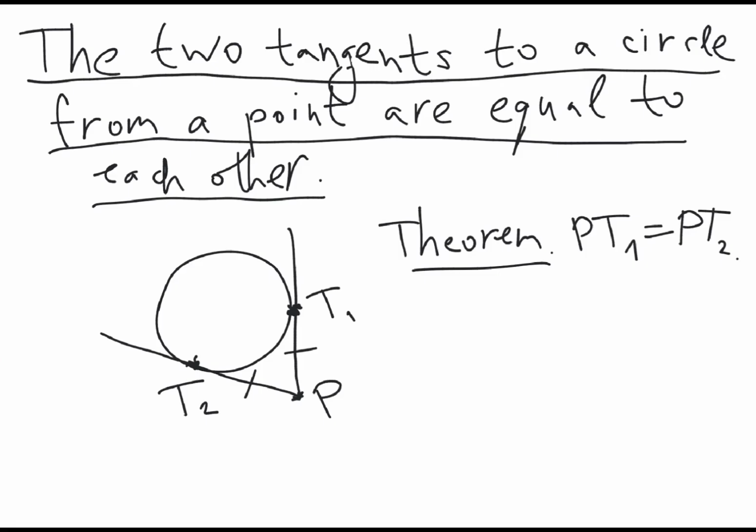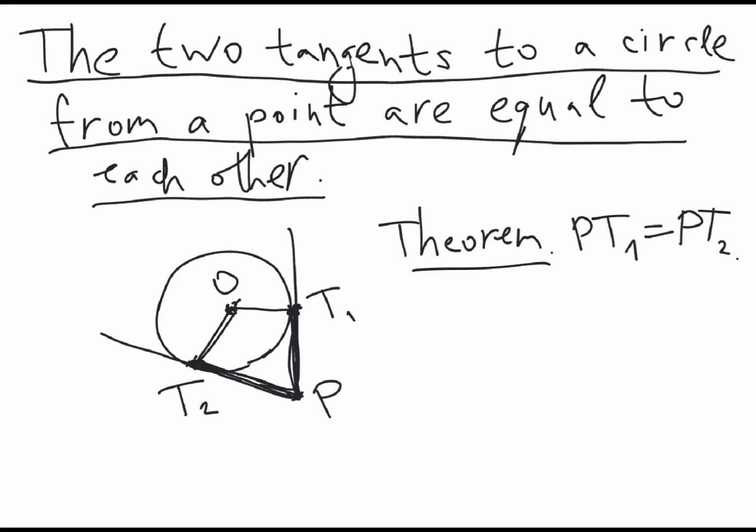Okay, so let's prove this. So I need to erase the fact that they're equal. We don't know that yet. Okay, so we consider the center of the circle O, and we draw these segments to the tangency point.